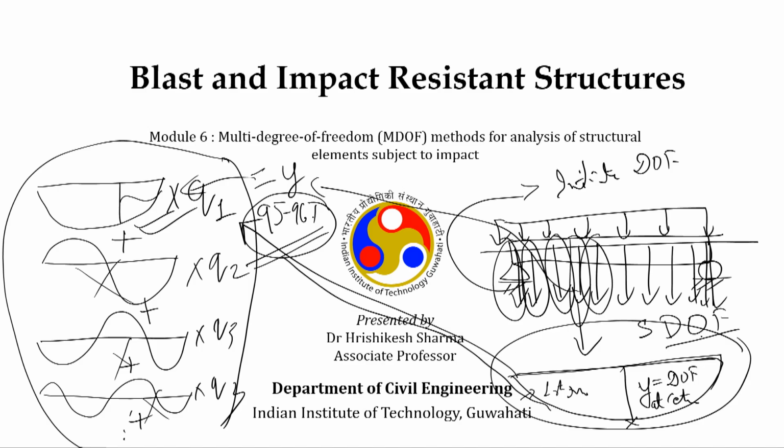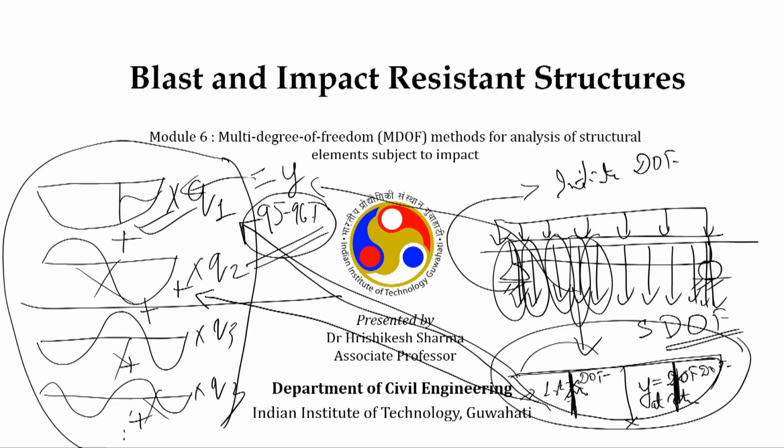After that, we increased the complexity of the system. We said that we are interested in calculating the deflection at 2 different points. Then we have to choose 2 degrees of freedom, and we also take the help of 2 modes, the first mode and the second mode.